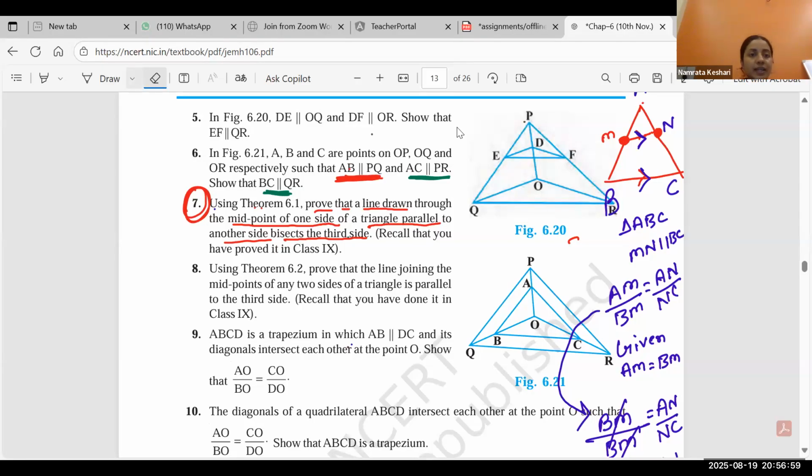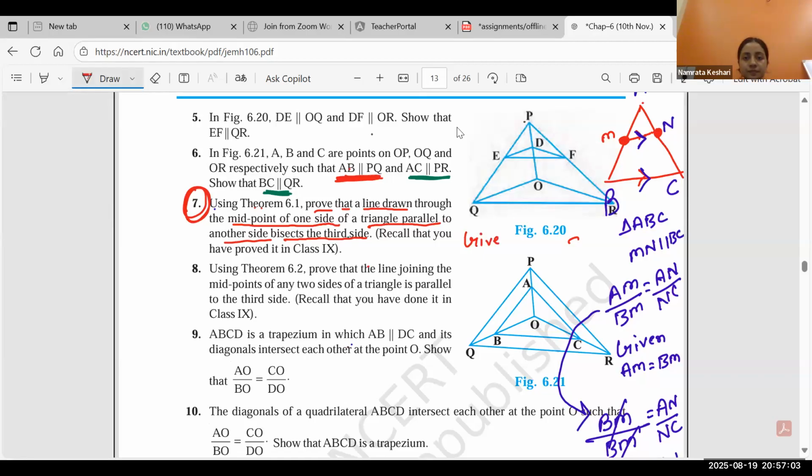While writing, please write that given: MN is parallel to BC and AM is equal to BM. These two conditions are given over here.